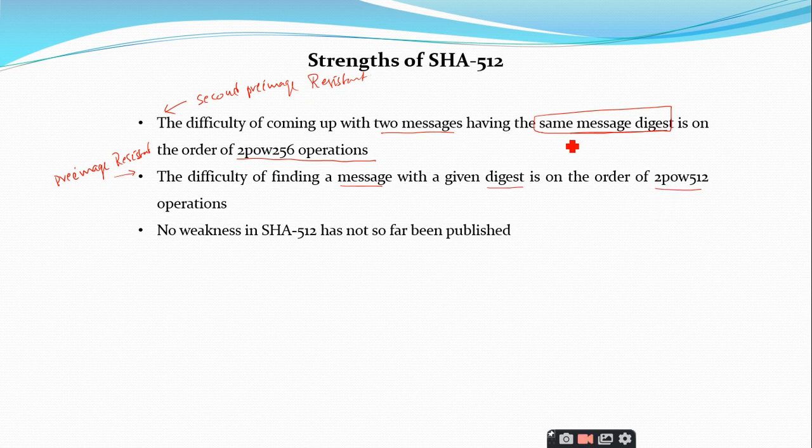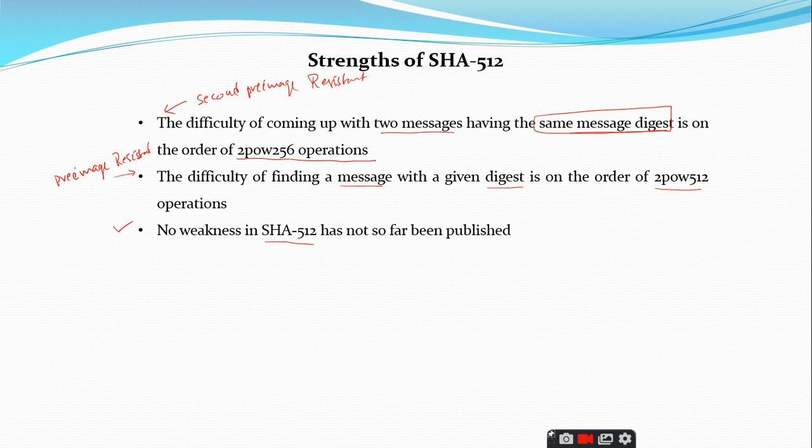So because of these two strengths, the one is the pre-image resistant and the second pre-image resistant, with 2 power 256 and 2 power 512 operations, till now there is no weakness in SHA-512. There are no weaknesses present in SHA-512 that have been published till date.